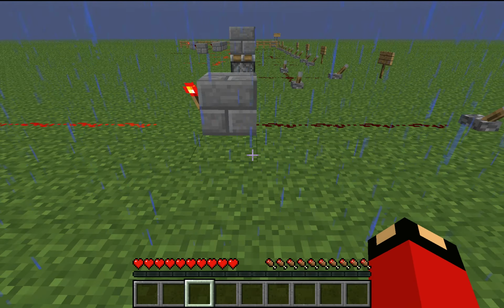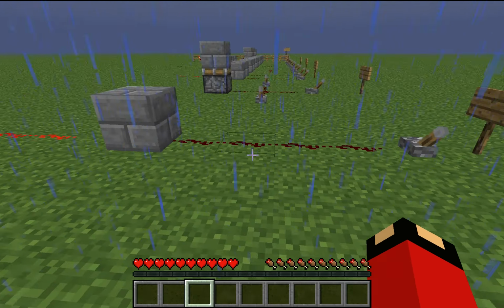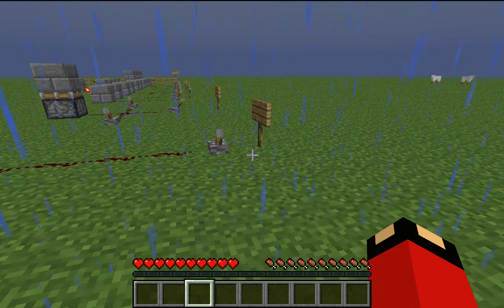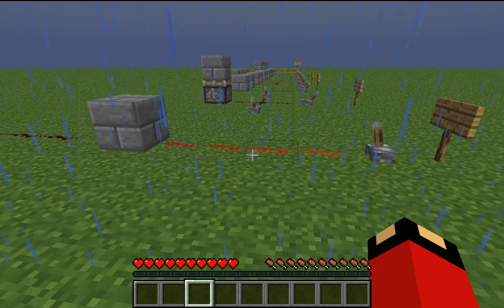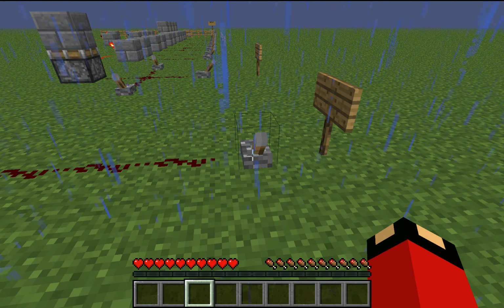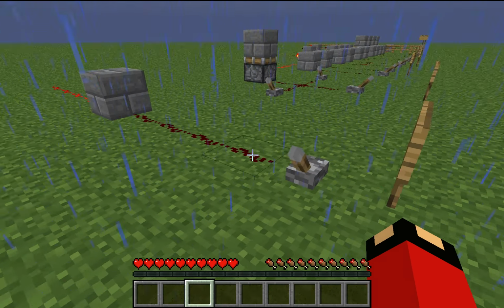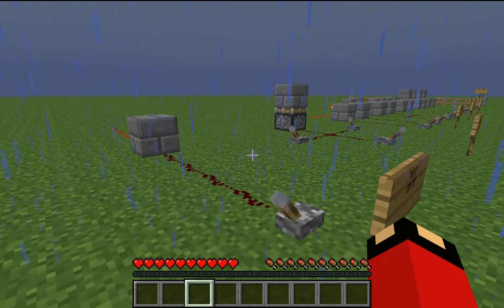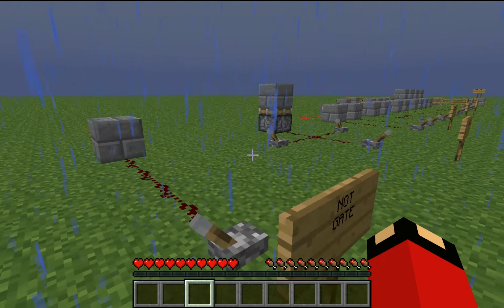If the input is off, the output is on. If the input is on, the output is off. Pretty simple. This is also called an inverter, which I call it, but the specific term is a NOT gate. Next is the OR gate.